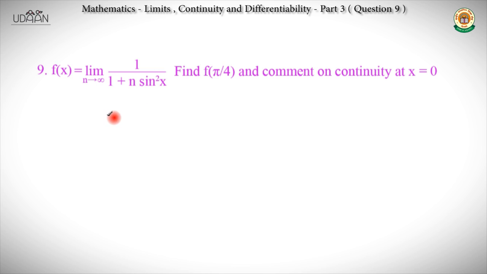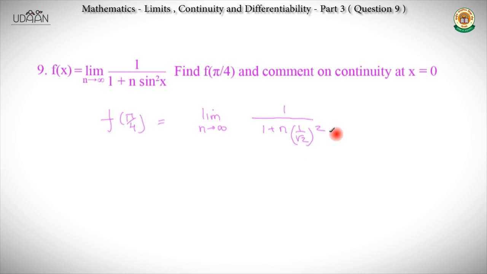Whenever we have to find the value of something and the value of x is given to us, we don't have to get confused. We just directly place the value into the expression that is given to us. So it turns out to be n times 1 by root 2, whole square.